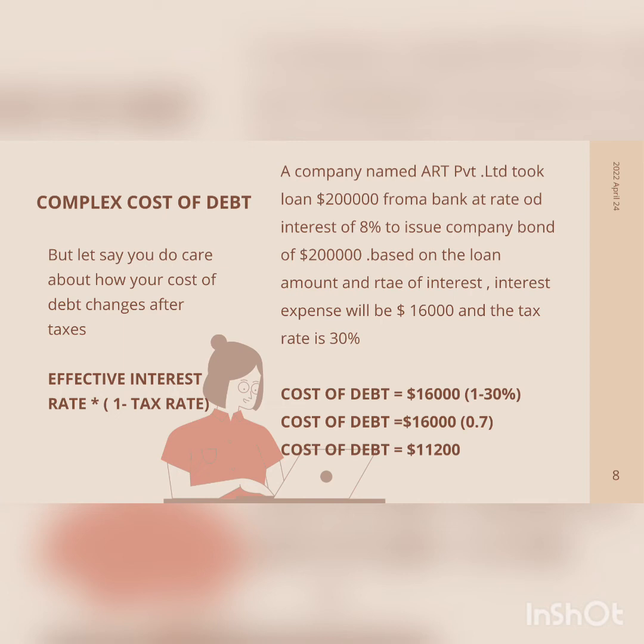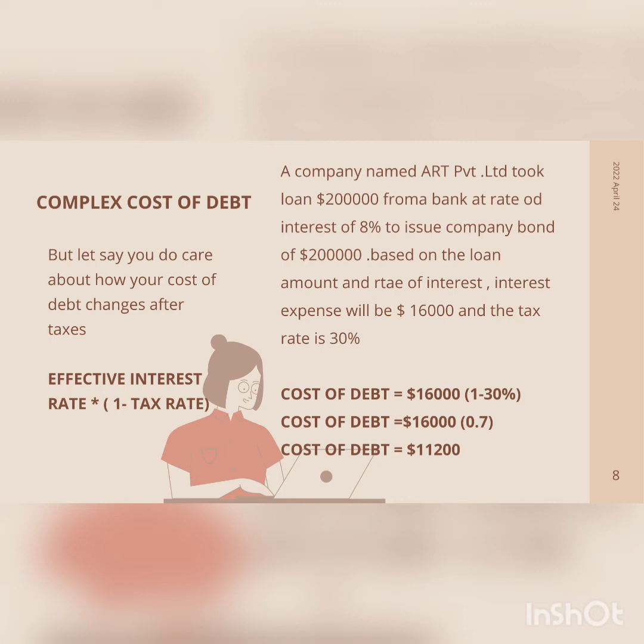A company named ART Private Limited took a loan of 2 lakhs from a bank at a rate of interest of 8% to issue a company bond of rupees 2 lakh, based on the loan amount and rate of interest. Interest expense will be 16,000 and the tax rate is 30%.